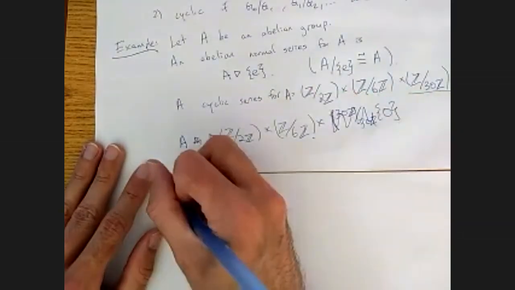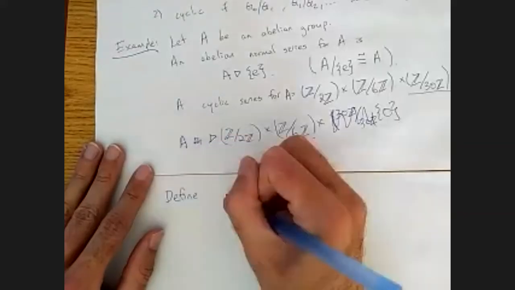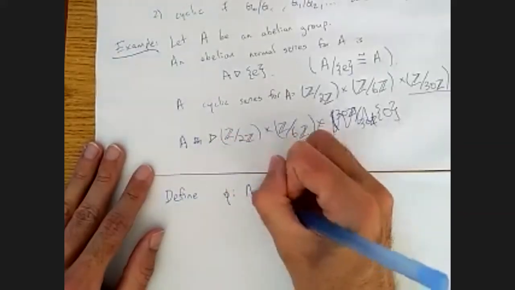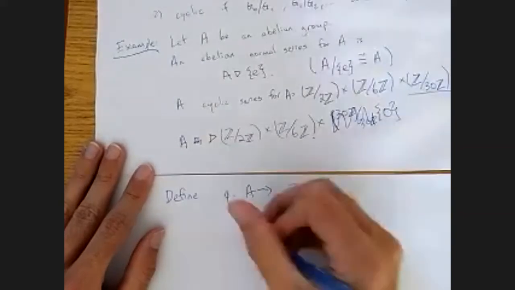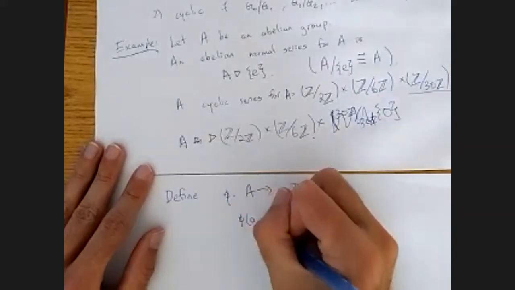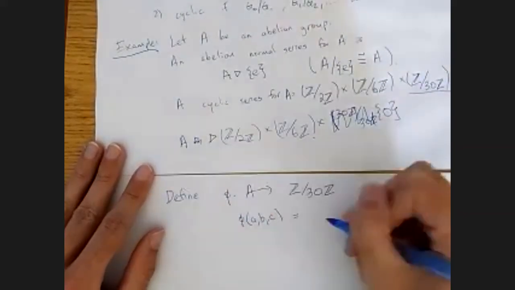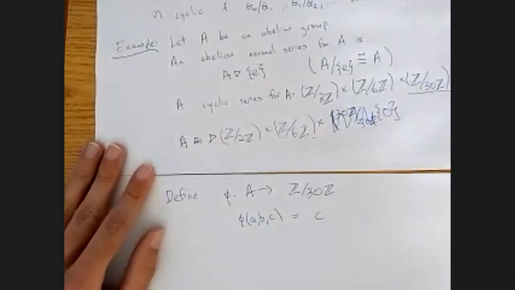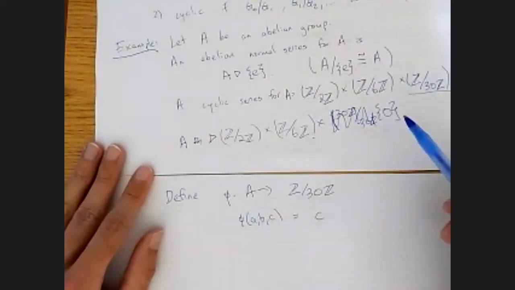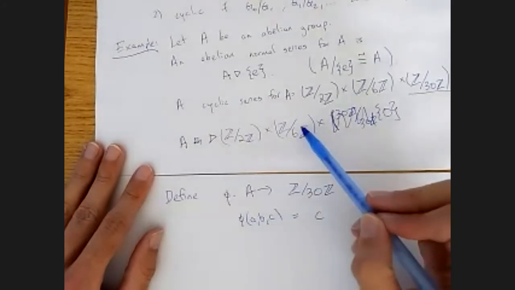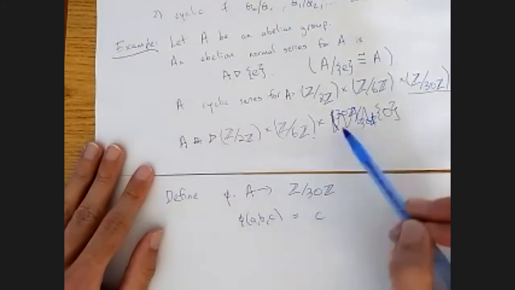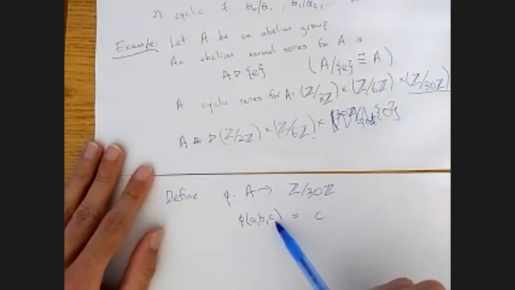You define phi from A to Z mod 30Z by the rule that phi of (a, b, c) equals c. Remember, A is a Cartesian product of three things: Z mod 2Z, that's where little a comes from; Z mod 6Z, that's where b comes from; and Z mod 30Z, that's where c comes from.